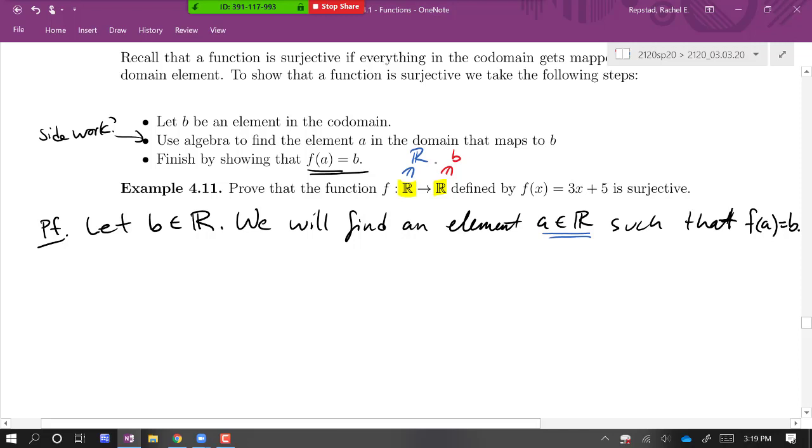The domain and the codomain happen to be the same here, but I'm really taking my time and emphasizing that B is an element in the codomain. That's the only thing we assume about B, and we have to make sure that the element A we find that maps to it is an element of the domain.